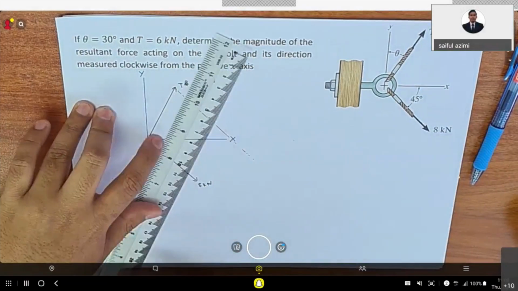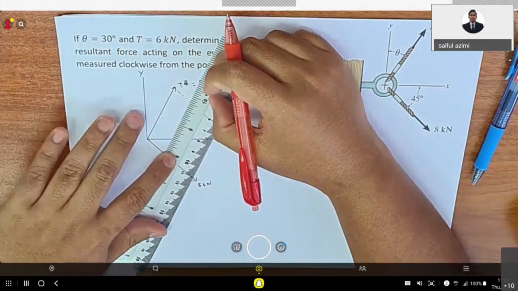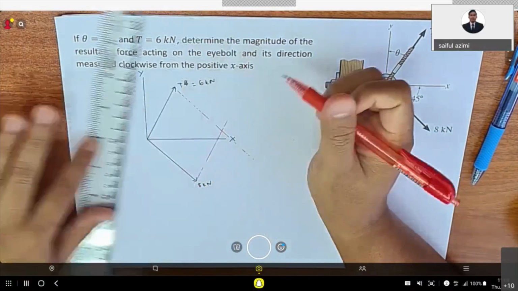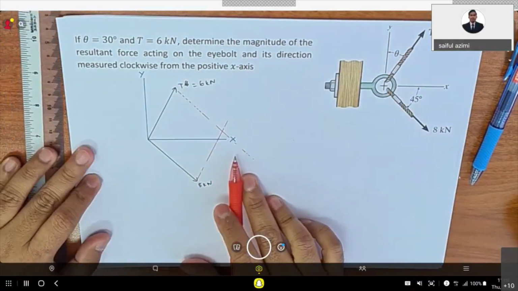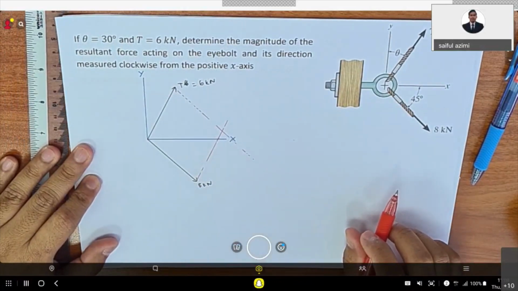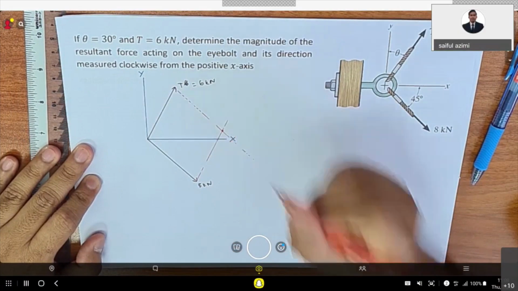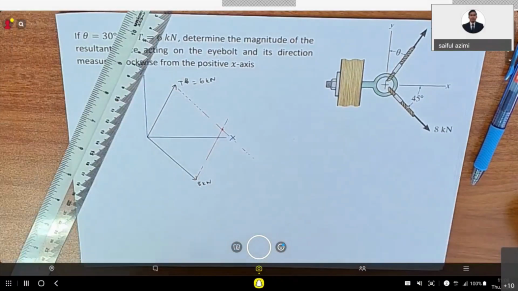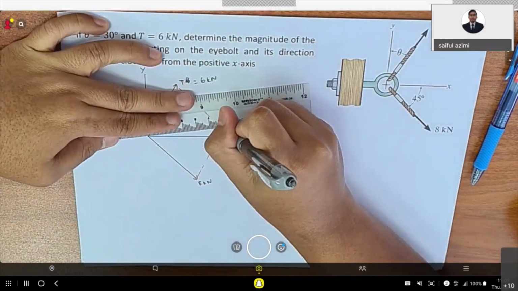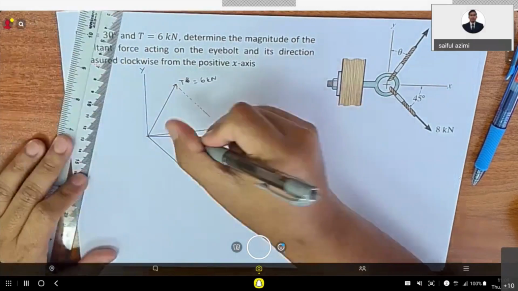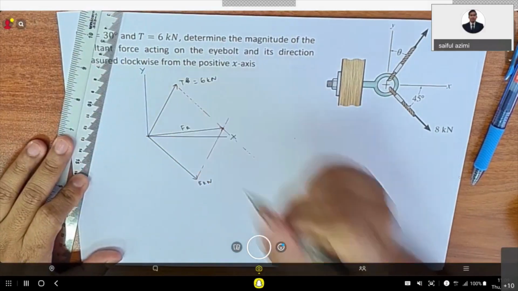So this is the parallel line for the second force. So this is the parallelogram. The intersection line that you have is here, so your resultant force should be close to here. This is Fr, which is the resultant force.